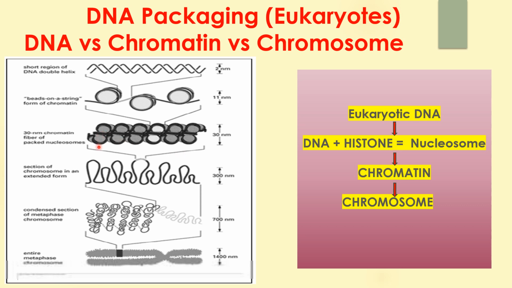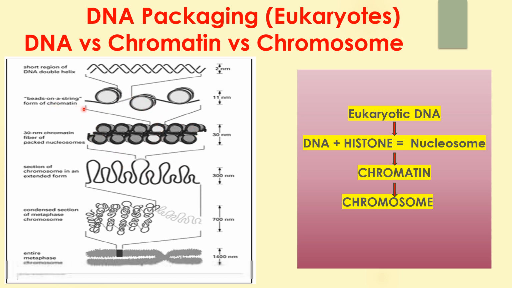A single unit, the nucleosome, is the addition of DNA plus histone. When a number of nucleosomes are packed together, we call it chromatin. See here, a 30 nanometer chromatin fiber of packed nucleosomes. A number of packed nucleosomes are nothing but chromatin.